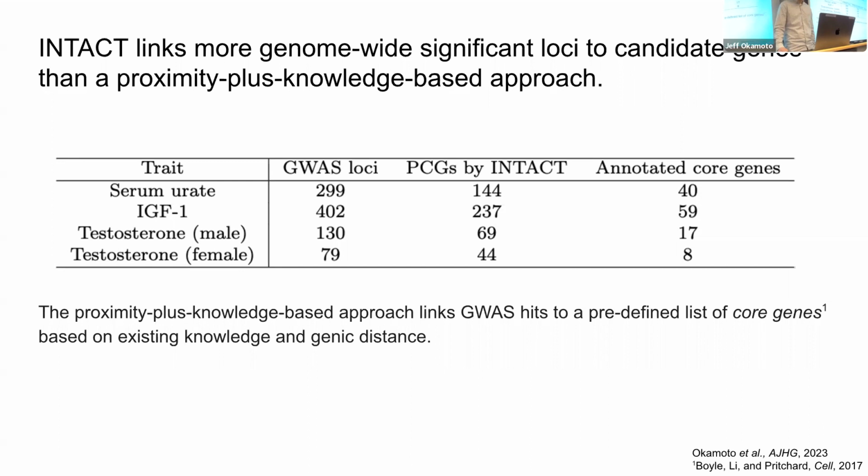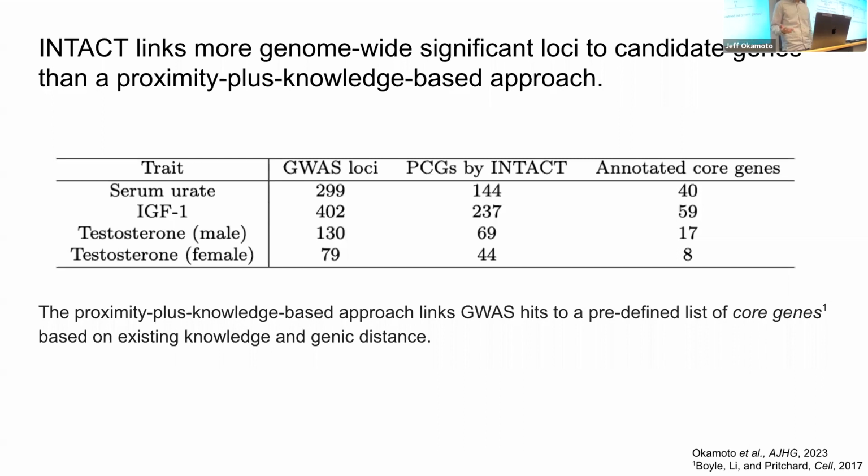So here what we have are the 4 different traits in the first column. In the next column, we have the number of GWAS loci based on this paper. The next column is the number of PCGs that we're implicating with INTACT. And then to the right of that, we have the number of core genes that are annotated.